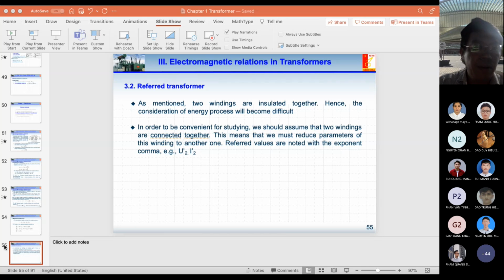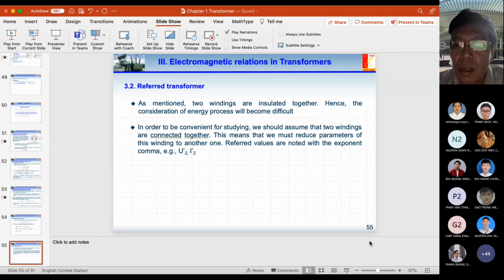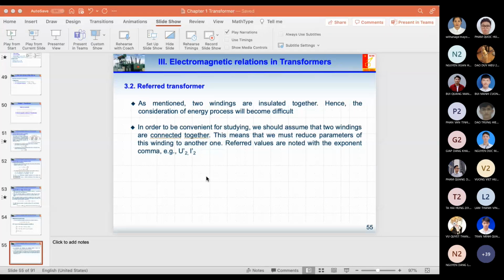Have a look at this slide. You can see the two windings are isolated or not connected together. Now if you want to get the relation, as I said before, we have to imagine a conversion of parameters from the secondary winding to the primary winding.